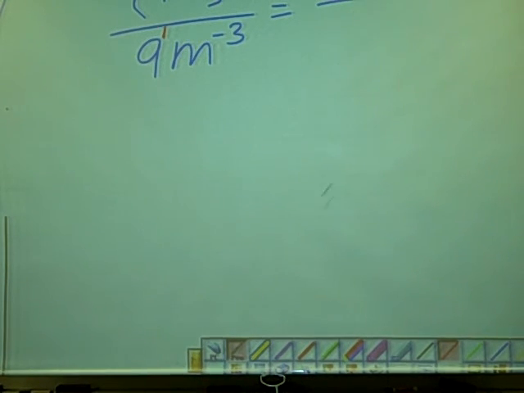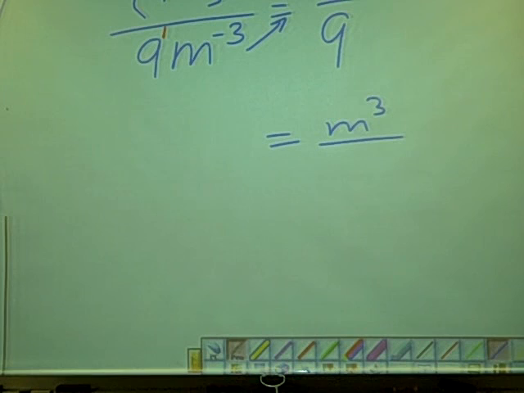If it's a positive exponent, it stays put. So the 9 doesn't move. But this m to the -3rd, what happens with that? Because it has a negative exponent, it moves up to the numerator. So that actually becomes 1 m to the 3rd, or just m to the 3rd over 9.